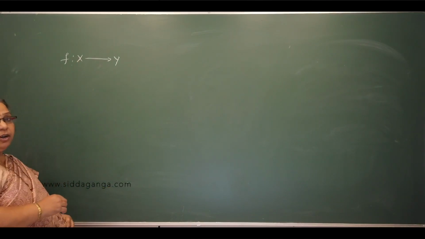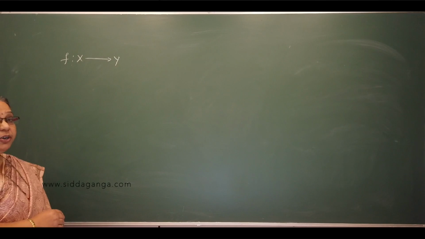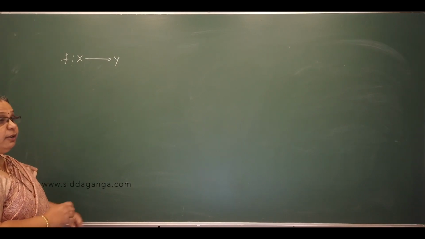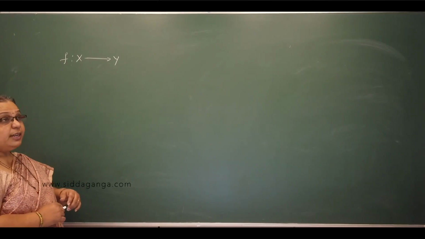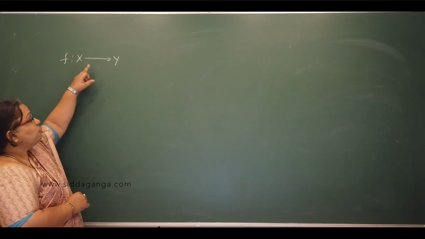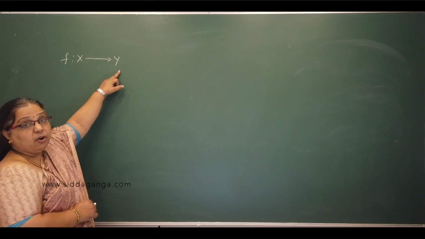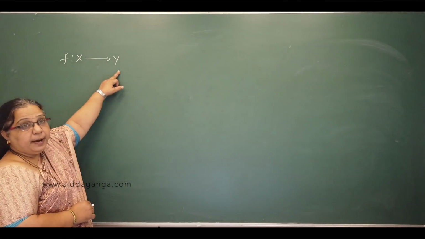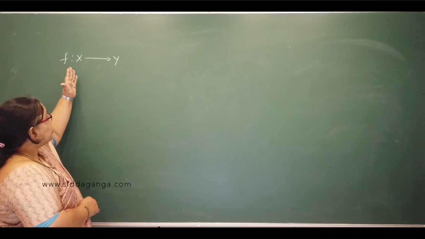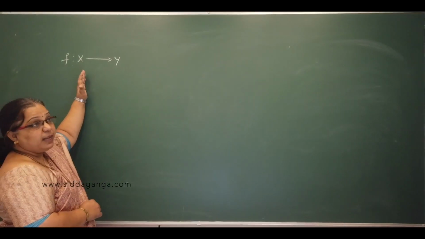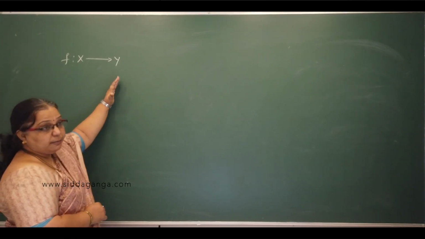Then we call such a function an onto function. When we combine those two results, a function f from set X to Y is said to be a bijective function. It should satisfy both one-one and onto.